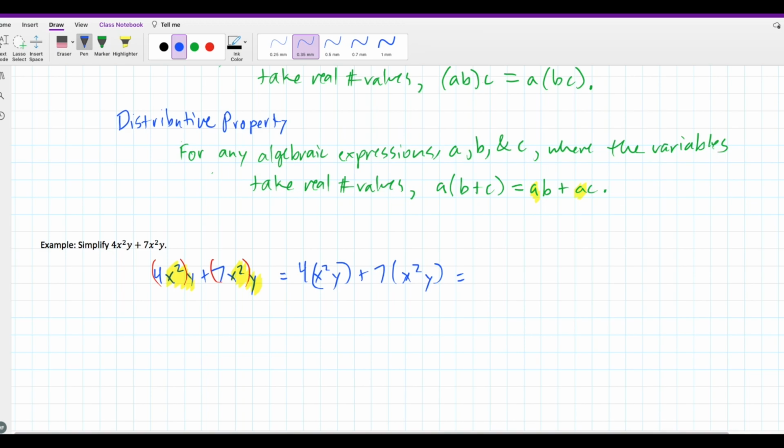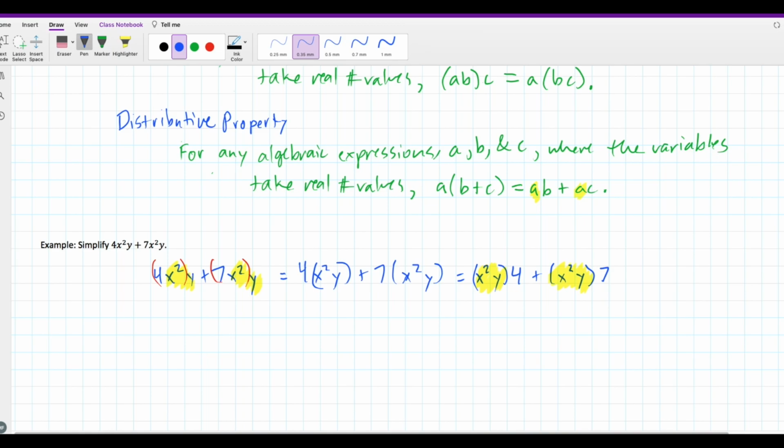Then we'll use the commutative property of multiplication to write them first. Now it's really set up nicely for using the distributive property as we wrote it before.